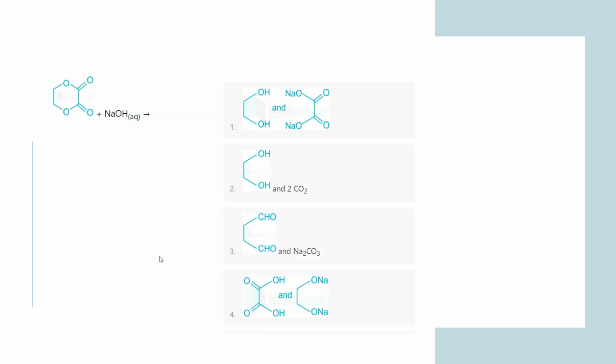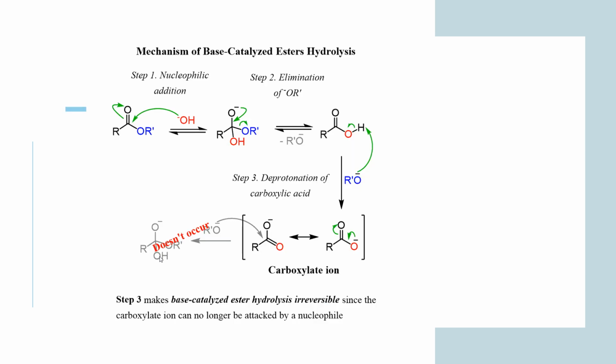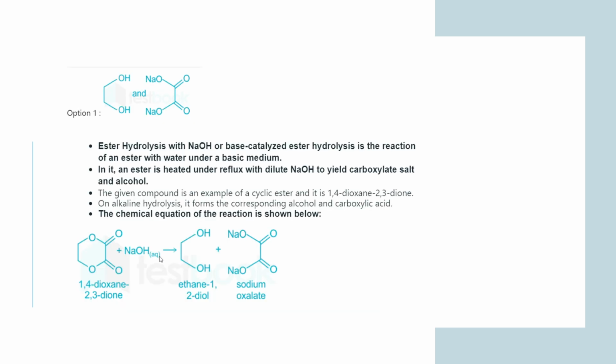Okay, and then in the next question, we studied base catalyzed hydrolysis of esters, and we saw that until workup, we get alcohol and carboxylate ion in the reaction medium. Thus, in this particular question, we saw the formation of ethane-1,2-diol and sodium oxalate as the product.